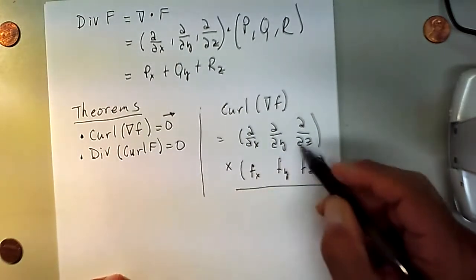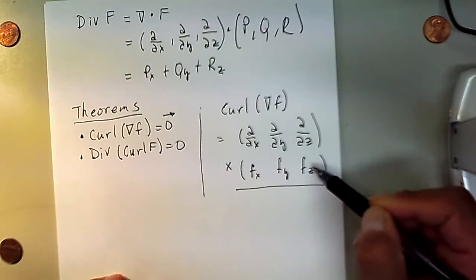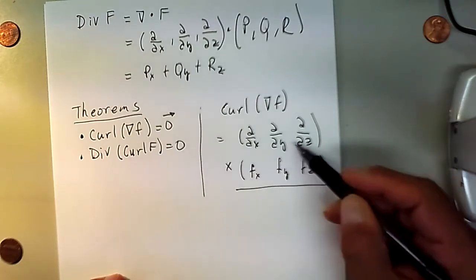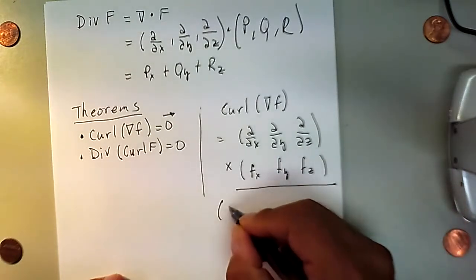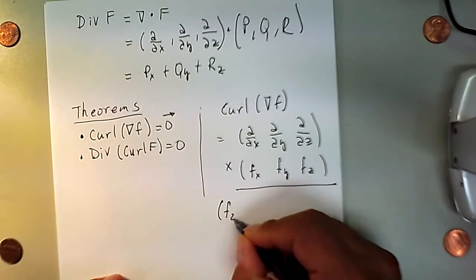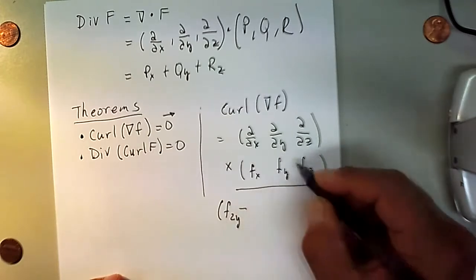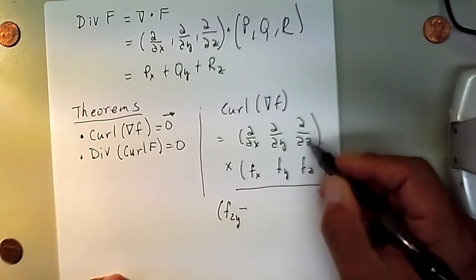So when we cross, we get F sub ZY. Let's write it down. F sub ZY minus F sub YZ.